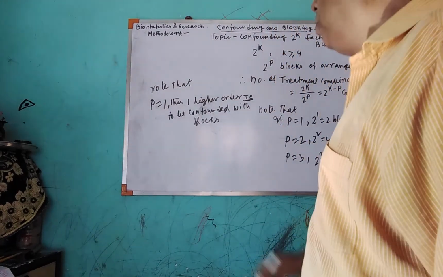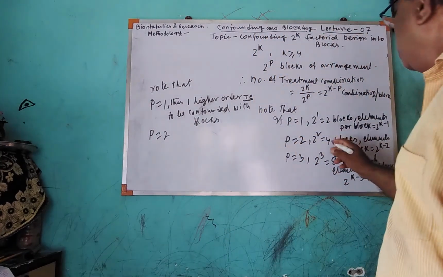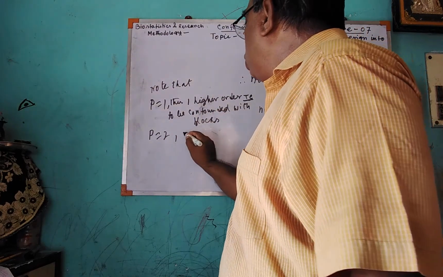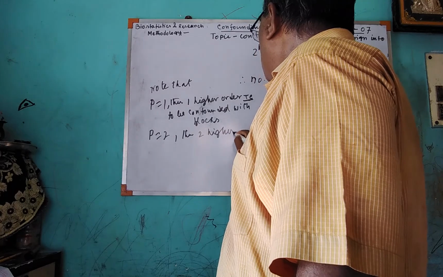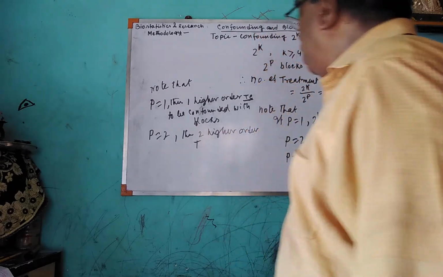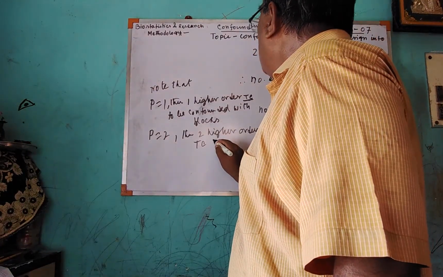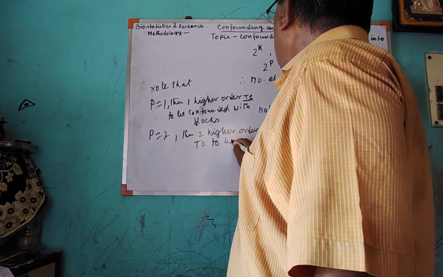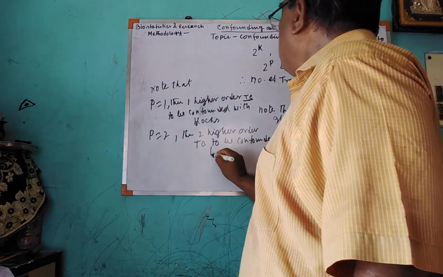Okay. Suppose p equal to 2. Try to understand. If p value is 2, then 4 blocks. But we have to then confound 2 higher order treatment combinations with blocks.